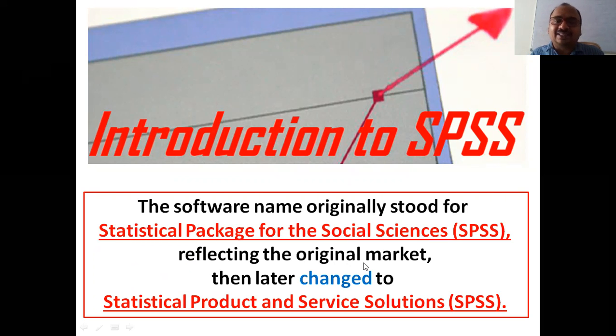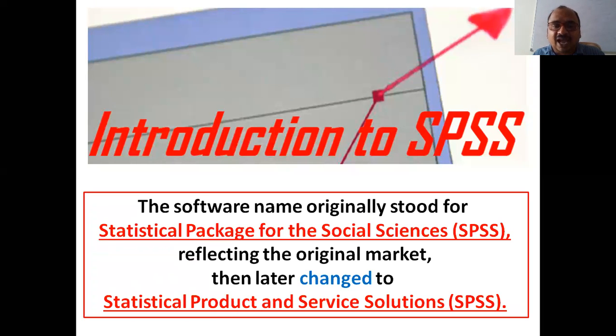Originally introduced for the statistics of the social sciences, but now, due to its usage, its name has changed to Statistical Product and Service Solutions. Here also statistics, here it was a package, now it is called a product.